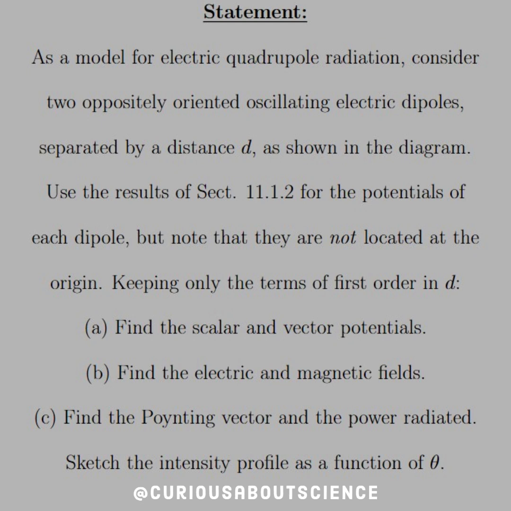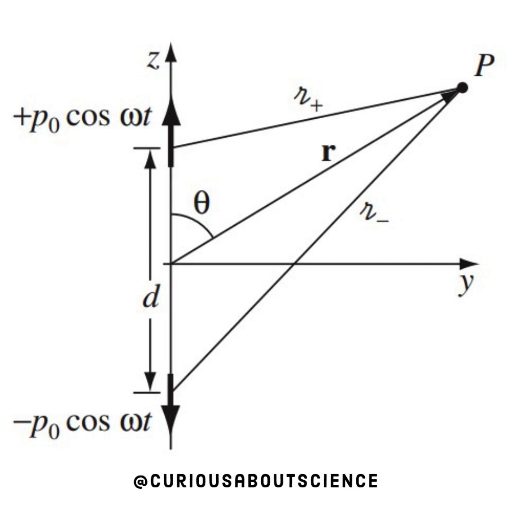Keeping only the terms of the first order in d, find the scalar and vector potentials, find the electric and magnetic fields, find the Poynting vector and the power radiated, and sketch the intensity profile as a function of theta. All right, well, let's see what we're looking at.